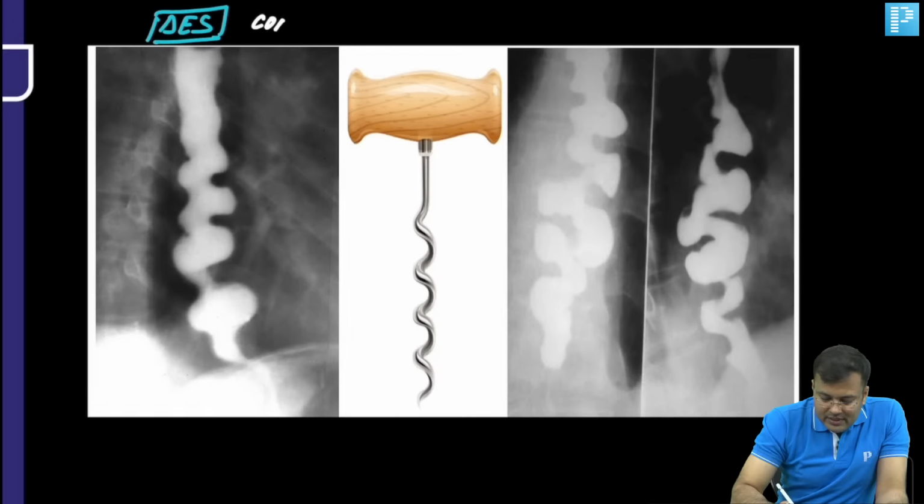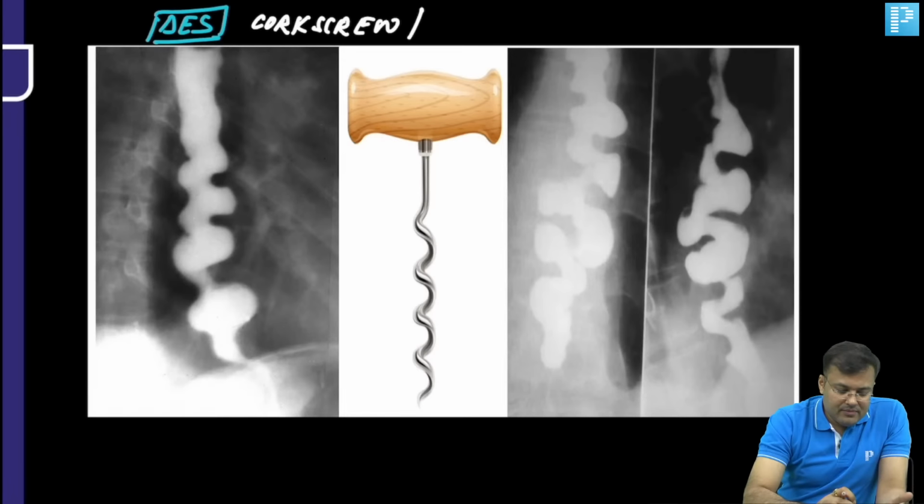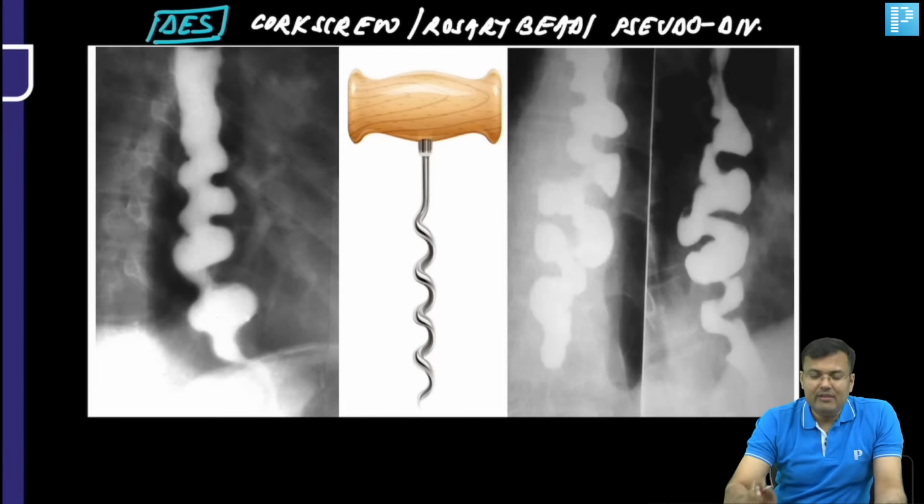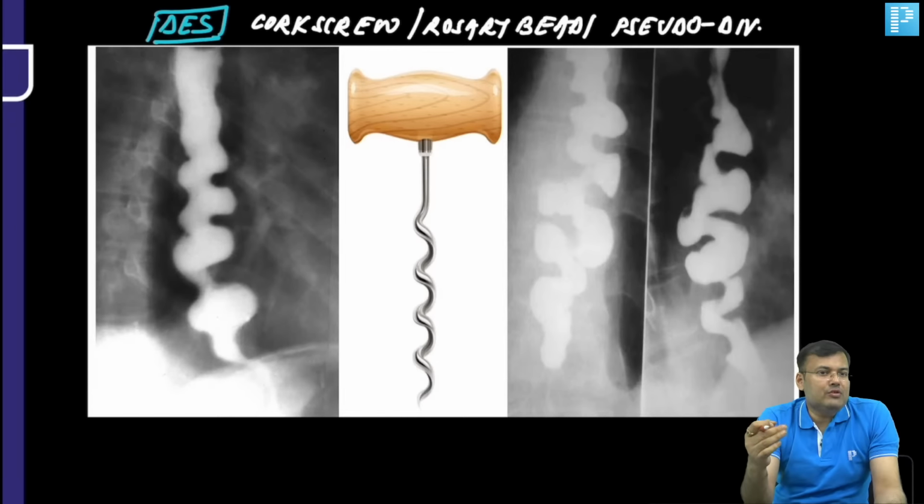Clear? This is very important, almost every year in 1 or 2 exams you are going to get it. So, corkscrew, rosary bead or pseudo-diverticular appearance is seen in diffuse esophageal spasm.